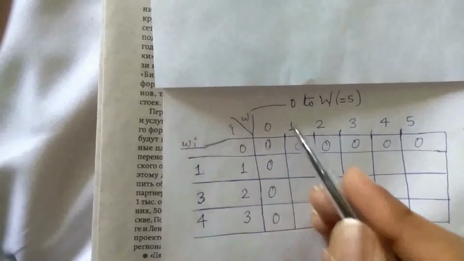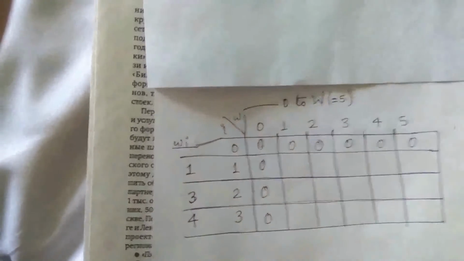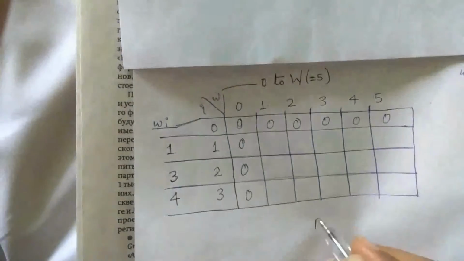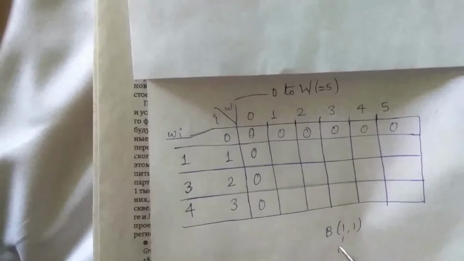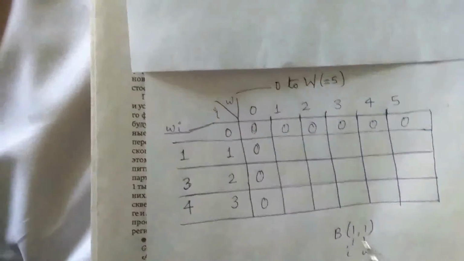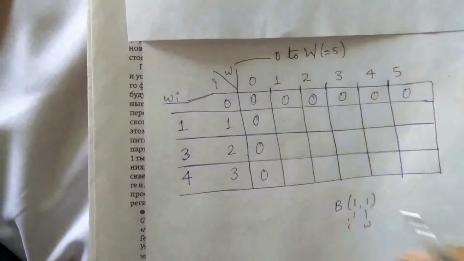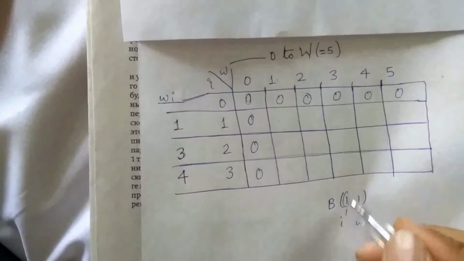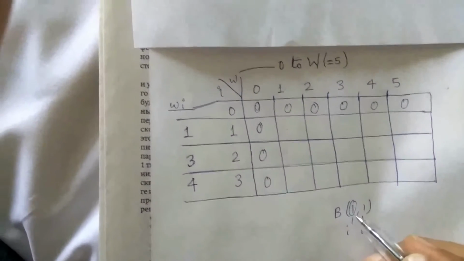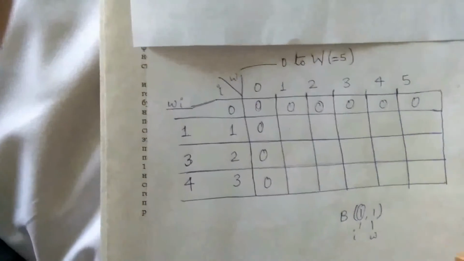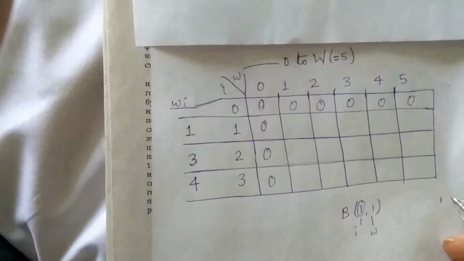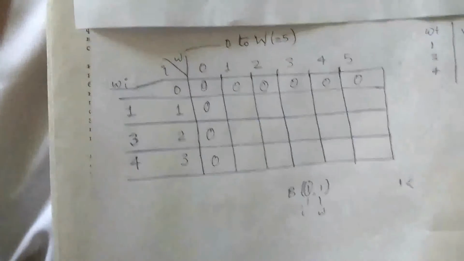Now consider this cell. This is B1 comma 1. This is i. This is W. So B of i comma W. First we will check what is the weight of this i. The weight of this i is 1, and the weight of item 1 is lesser than the maximum weight.